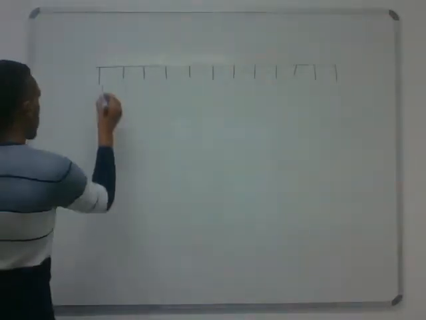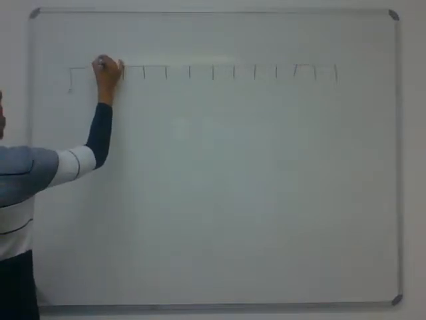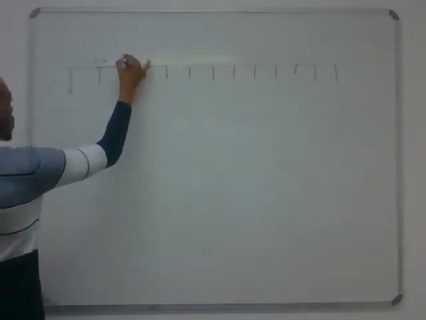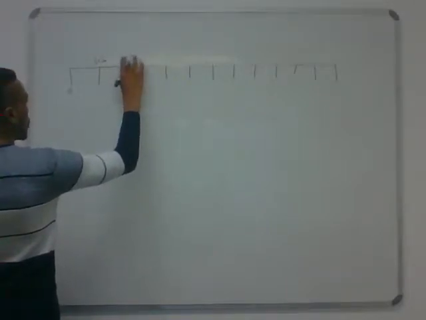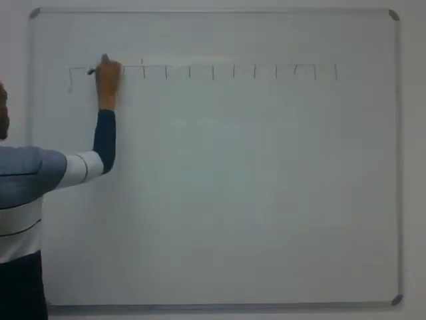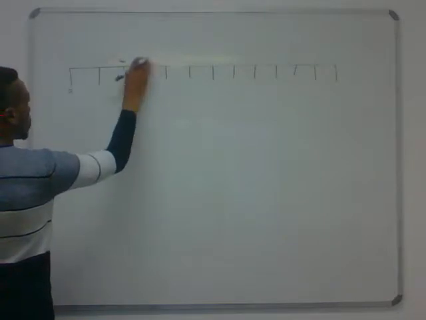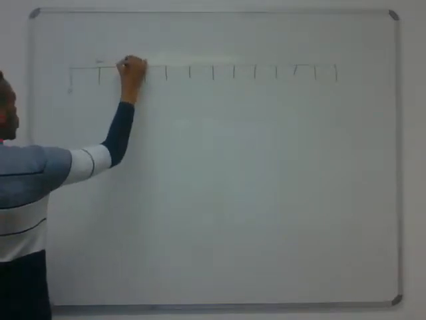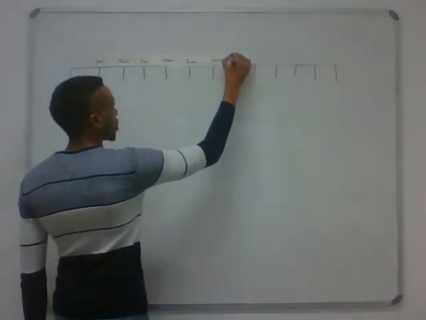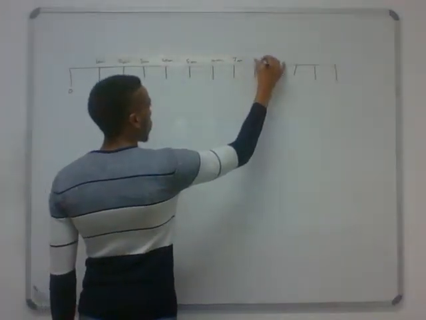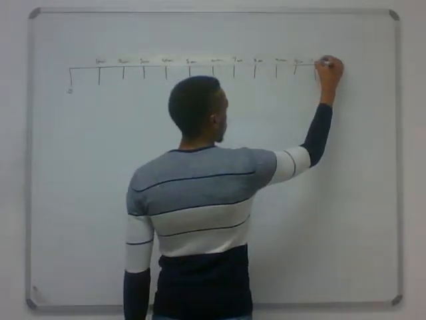So what this means is, okay, let's say it starts off here, right? We have day 0, then we have end of Jan, then Feb. Let me just put months: 1 month, 2 months, 3 months, 4 months, 5 months, 6 months, 7 months, 8 months, 9 months, 10 months, 11 months, 1 year.